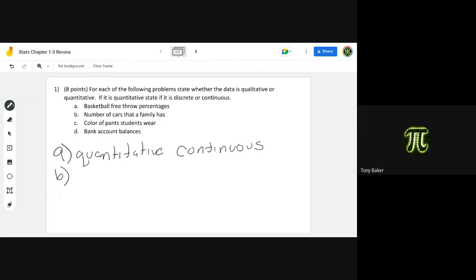Good. The number of cars that a family has, quantitative or qualitative? Quantitative. Is it discrete or continuous? Discrete. So this is also quantitative, but it is discrete.